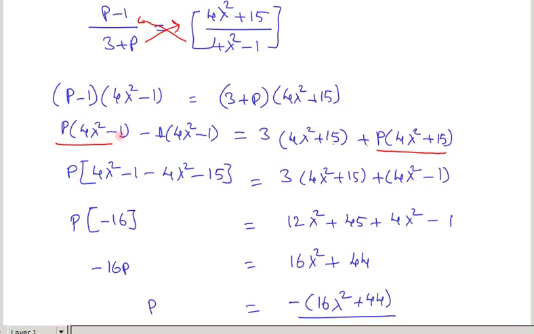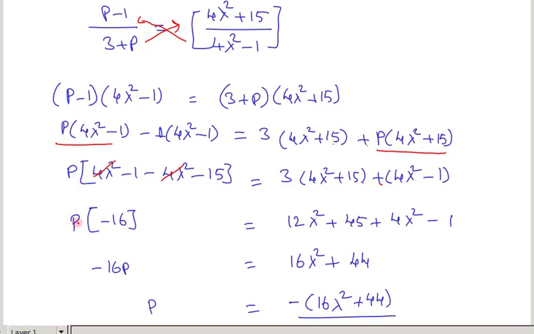So p of 4 delta square minus 1 minus of 4 delta square plus 15 is equal to 3 of 4 delta square plus 15, and transposing this negative term to the other hand, it gets positive, so plus of 4 delta square minus 1. If you observe this, we have 4 delta square and minus 4 delta square, and adding them they get 0.